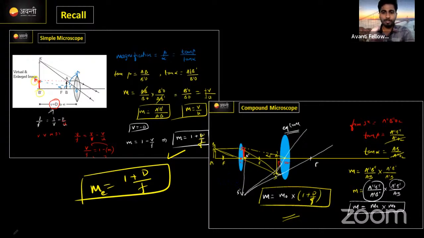In compound microscope, क्या किया था हम? Actually, in the first, simple microscope, we created a virtual image directly. We keep the object in between the optic center and the principal focus to form a virtual image. But in compound microscope, we can't do like that, because if you do like that, the virtual image is also created on this side only.